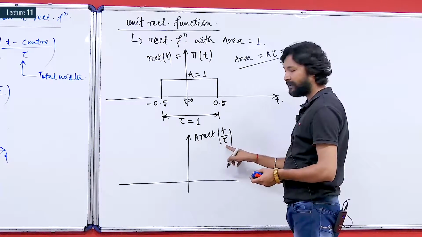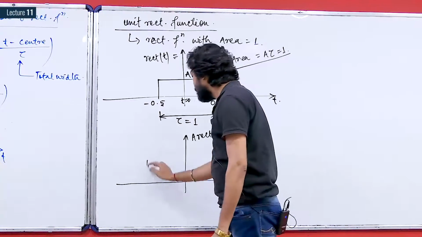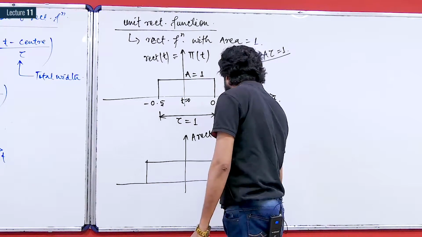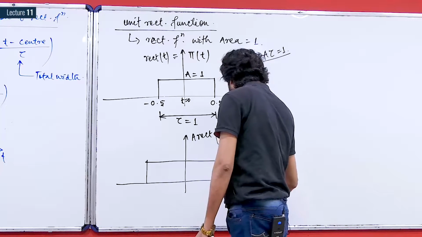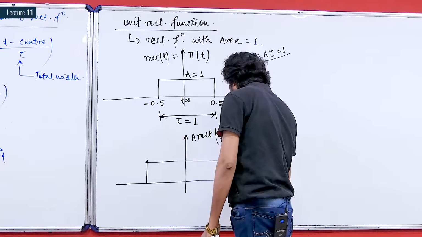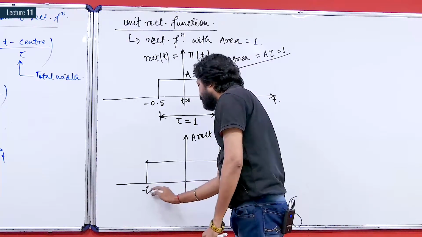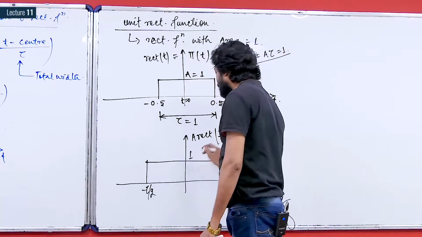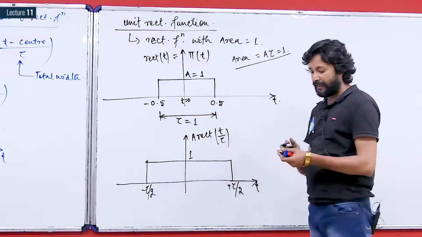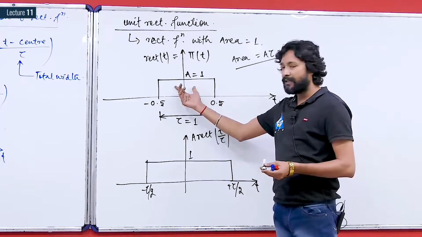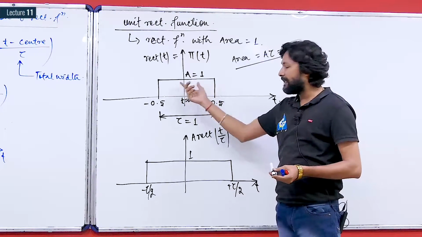Now you have seen the function a rectangle of t upon tau with respect to t, which exists from minus tau by 2 to plus tau by 2 with value 1. In this case also, you can see that as this function is going to exist symmetrically on both the sides.